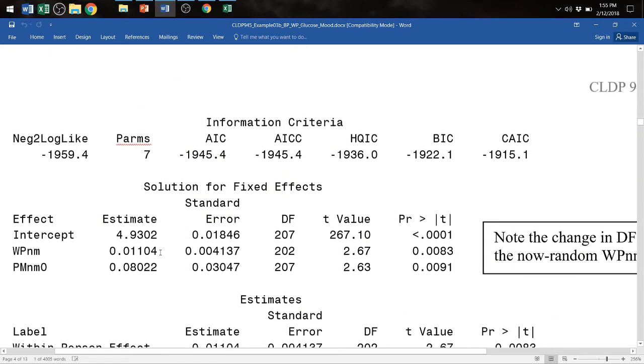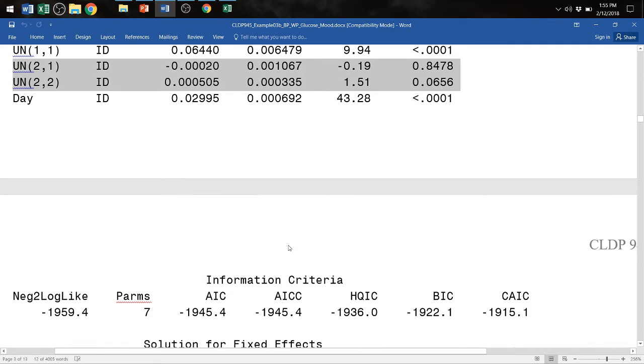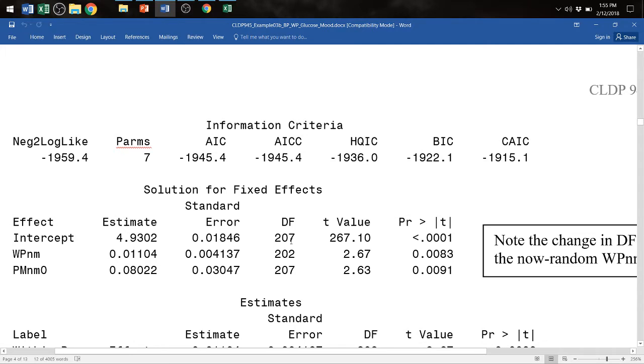So this new model that allows this variance component and this covariance doesn't fit better. In English, what does that mean? What do we conclude?